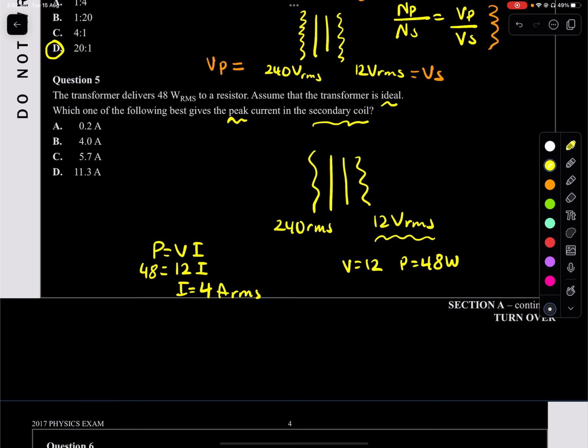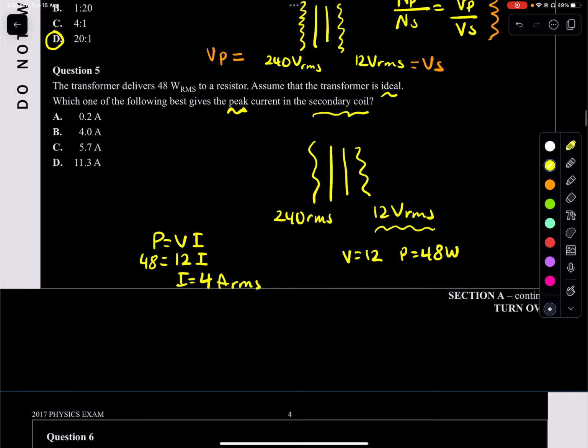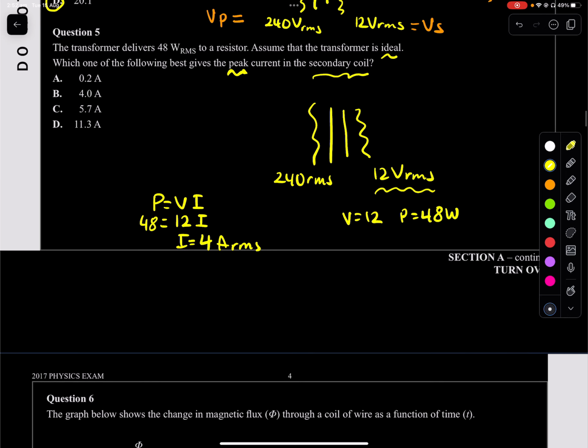But here we're talking about peak current. So to get the peak current, it's multiplying by root 2. So what's 4 root 2? It gives you 5.65, which is approximately C as your answer.